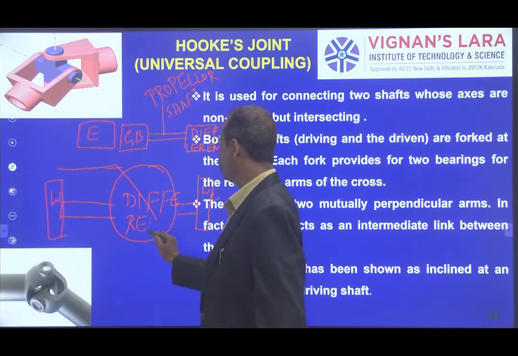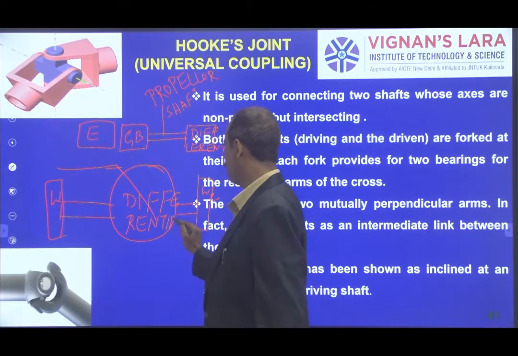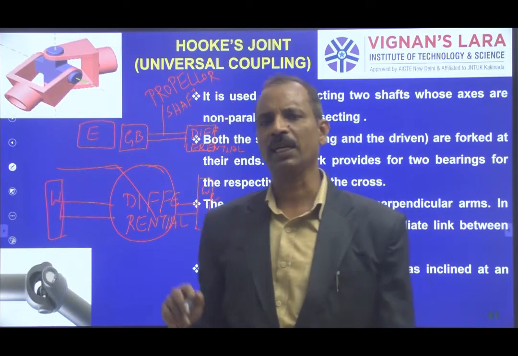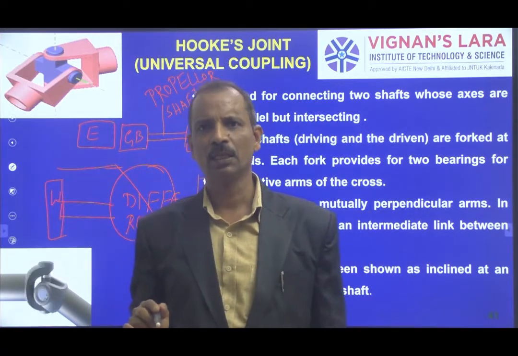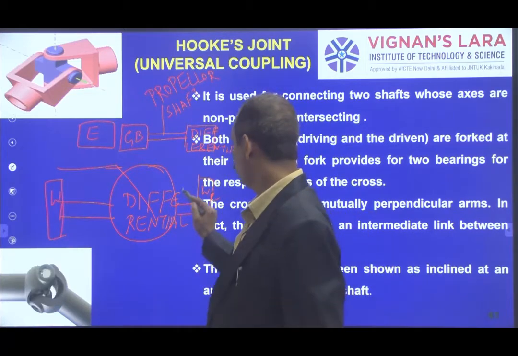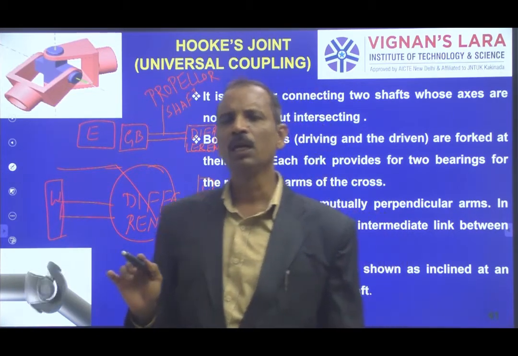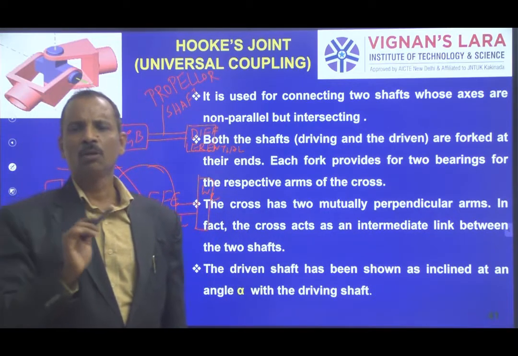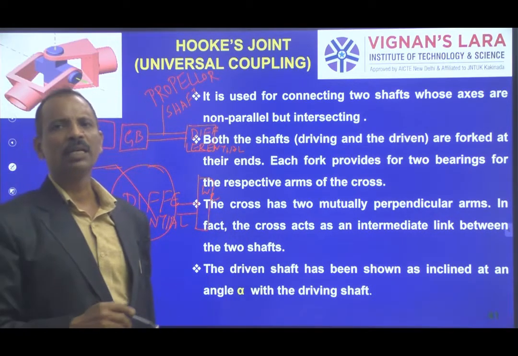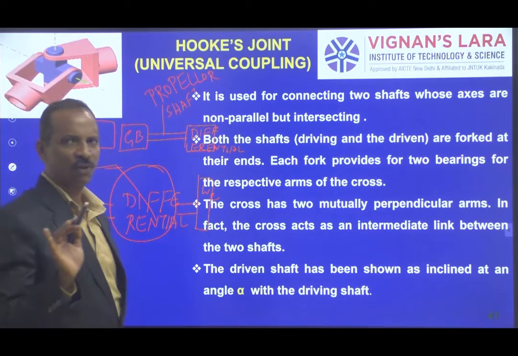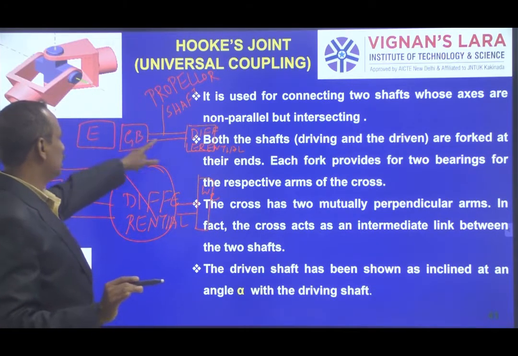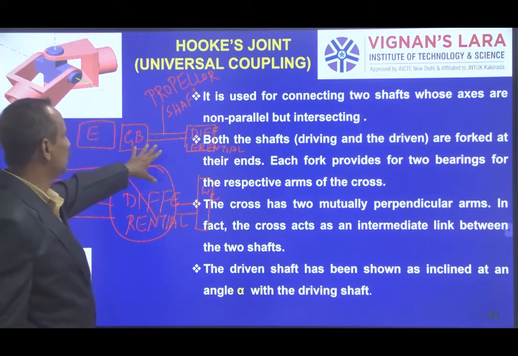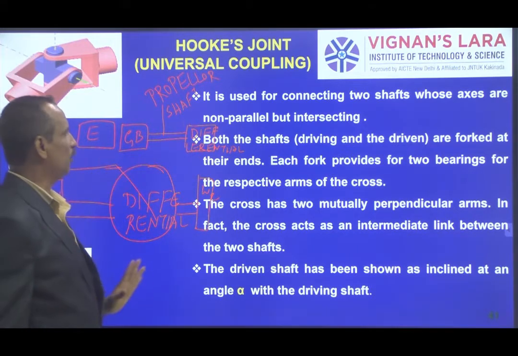What is the objective of this differential and how does it work? All these things we'll discuss in the gear trains chapter. For the time being, forget about what the differential is. A differential is a device which transmits power to the rear wheels from the gearbox. That is enough for you. So the gearbox and differential are connected by a shaft, which is the propeller shaft.